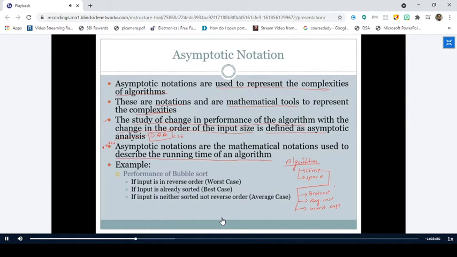So out of these three cases, in order to measure the correct efficiency of the algorithm, which case should we consider? Do we need to consider the worst case, the average case, or the best case? Ajay goes with the average case.